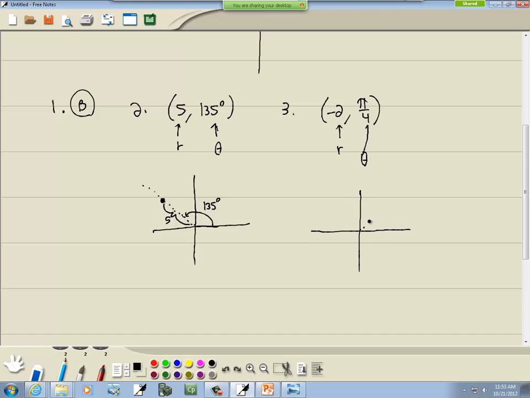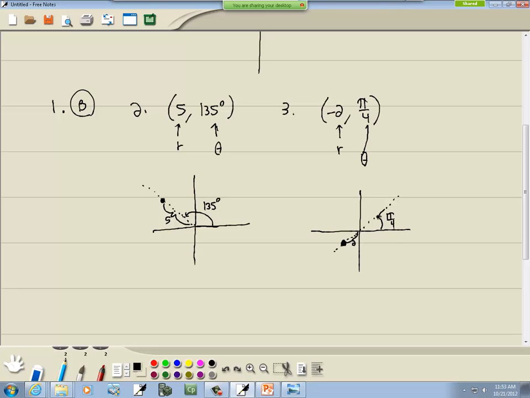This right here would be pi over 4. Now we're starting at the origin right here. If it had been a positive 2, we would have gone out a distance of 2 here. But since it's a negative 2, we go out a distance of 2 over here. So that distance there is 2, and our point would be right here.